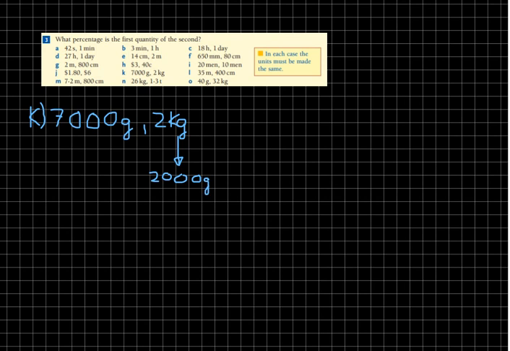And now I'm going to solve this exercise by a simple rule of 3. Here 2000 grams is going to be the 100%. So I'm going to calculate the percentage of 7,000 grams.